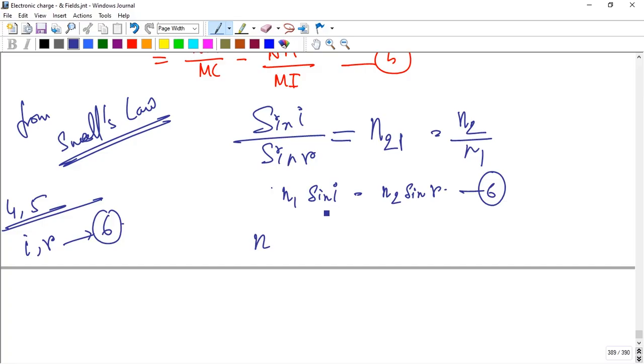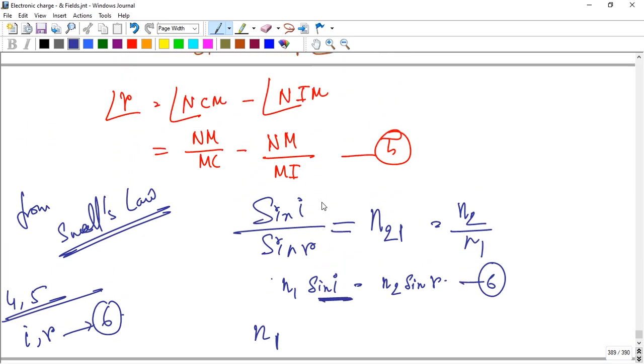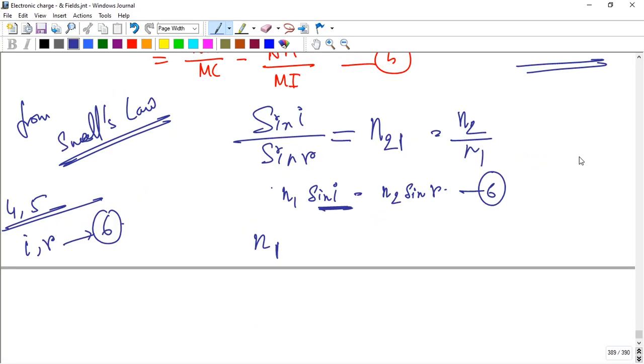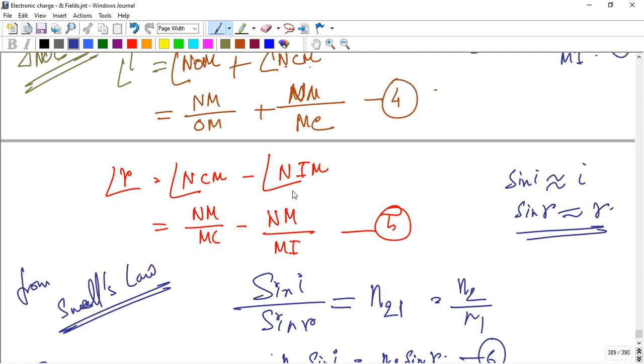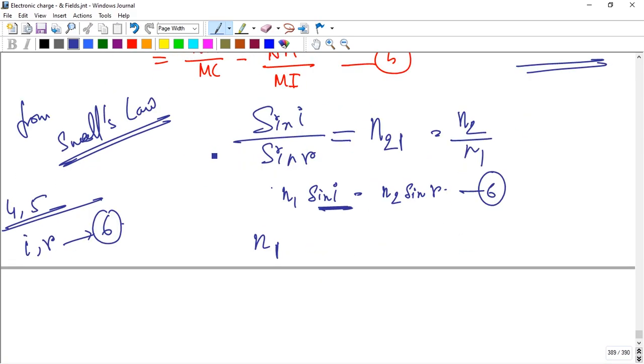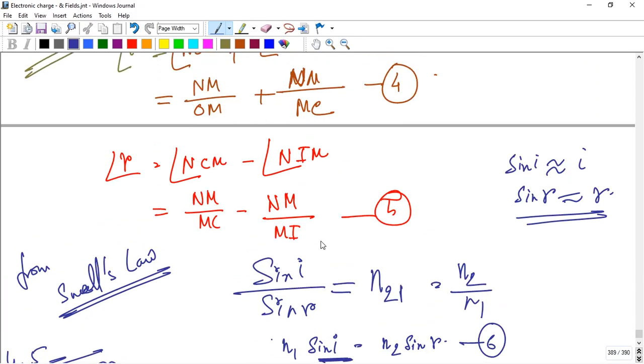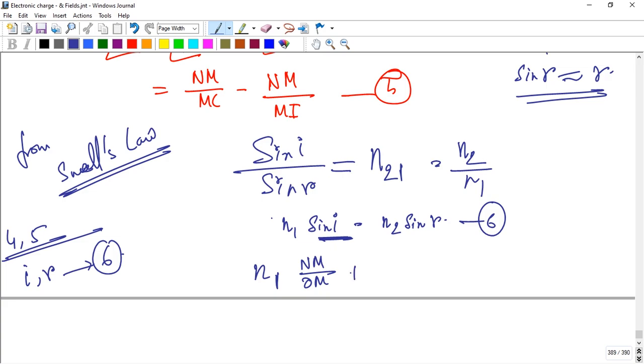For small angle approximation, sin I is approximately I and sin R is approximately R. Now N1 sin I means we get NM by OM plus NM by MC, and N2 sin R is N2 times NM by MC minus NM by MI.